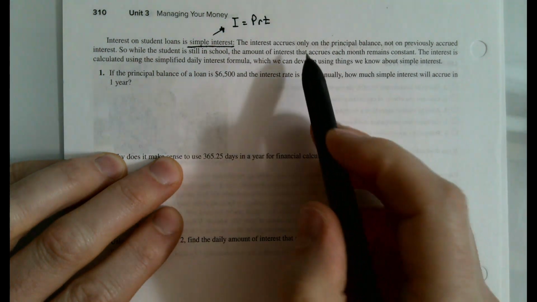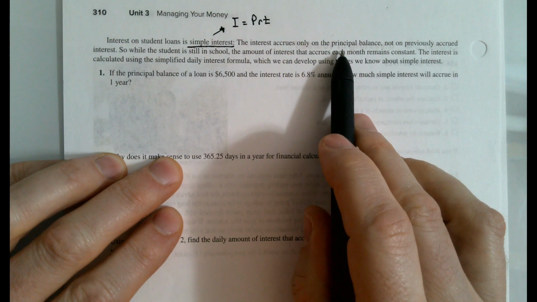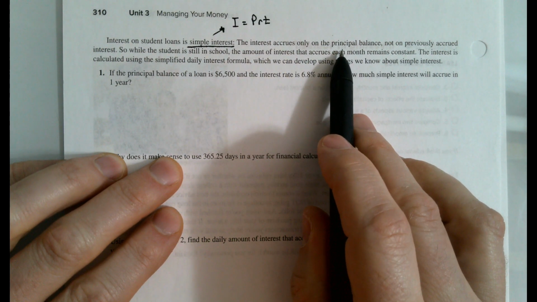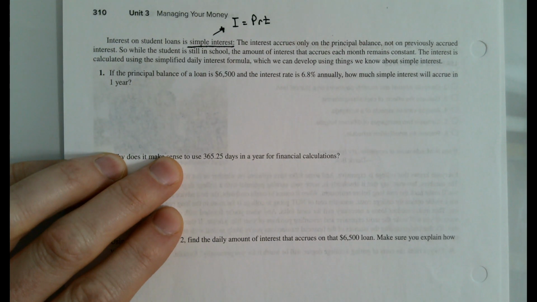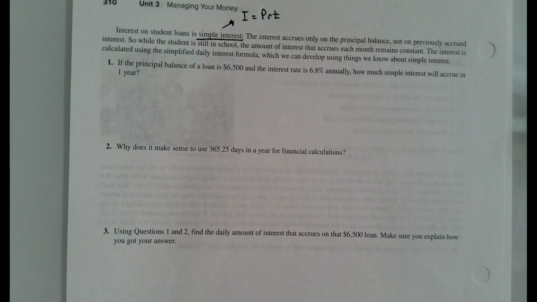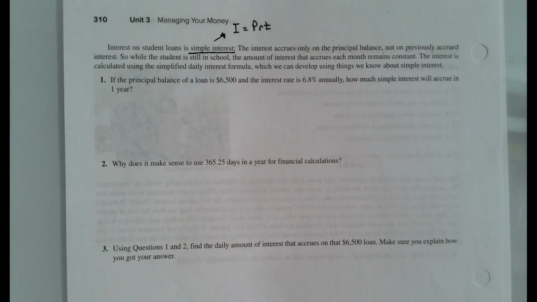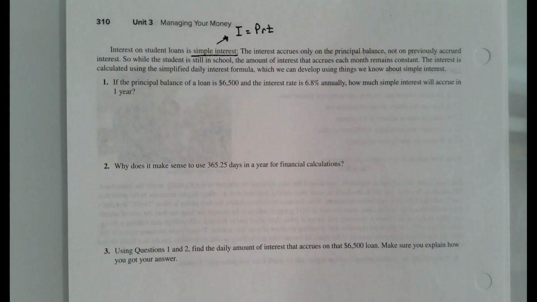In other words, that means interest only accrues on the balance that you borrowed, not on the interest that is accruing as well. This happens while you're in school. So you borrow the amount of money to pay for school. The assumption is you don't have income yet because you're in school, maybe full-time. That's what a traditional student would be. And so we're not going to penalize you because you can't pay.